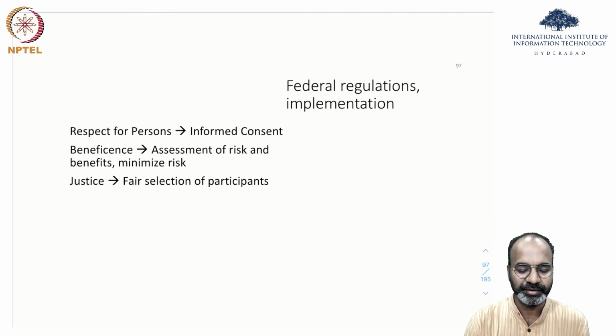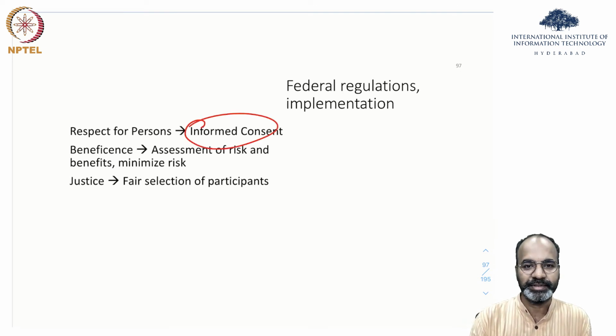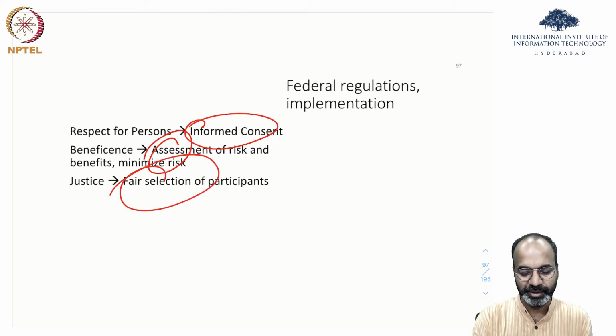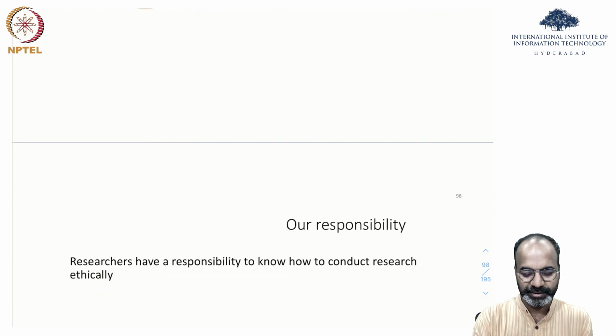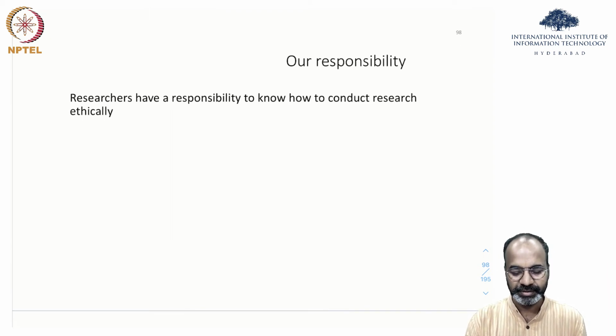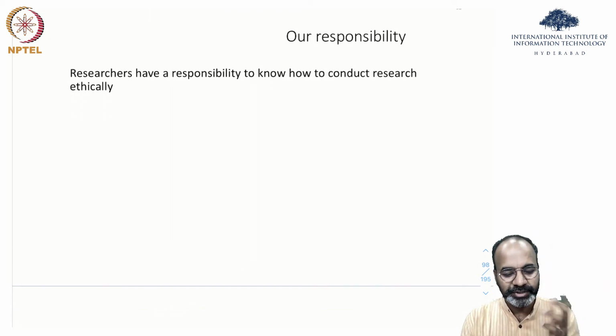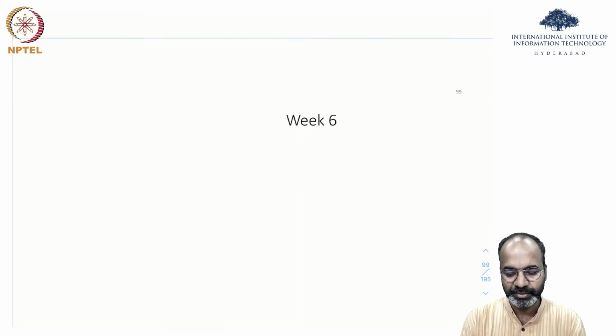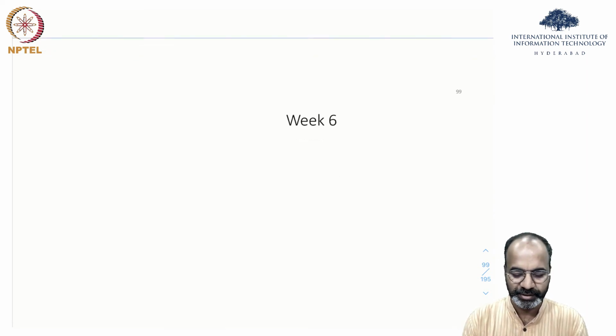It is necessary, and therefore, how is it implemented? It is implemented through informed consent, assessment of risk, and fair selection of participants. Overall, as researchers, our responsibility is to know how to conduct research ethically. So that's what we covered in week 5.